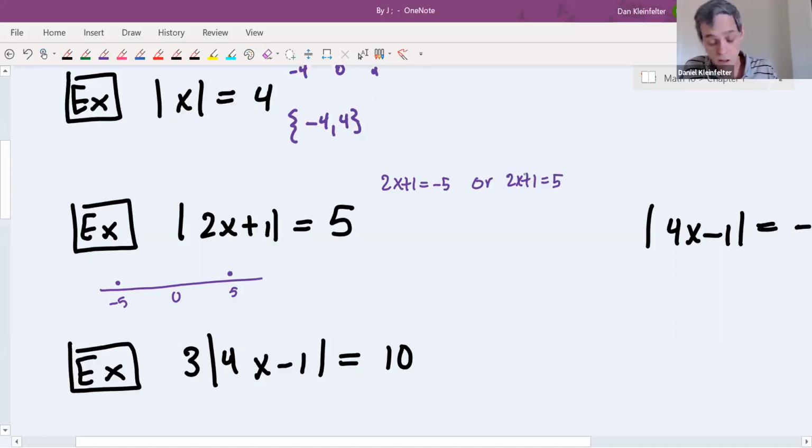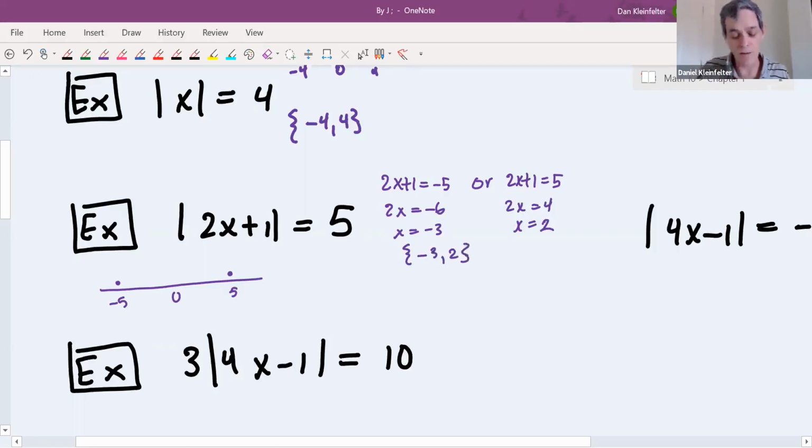This gives us 2 small linear equations that we can solve. So we'll get x is -3 as one possibility, or x is 2 as another possibility. So again, there are two solutions, -3 and 2.